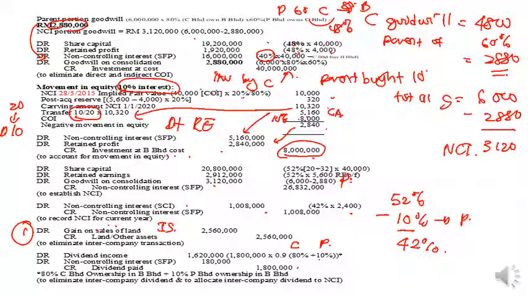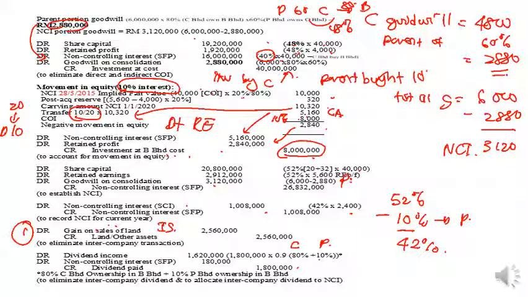And then goodwill here is from here. The portion of goodwill here is 6,000 minus 288, which is the goodwill to parent here. So you're going to have 3120, and then credit NCI at the statement of financial position 6832.